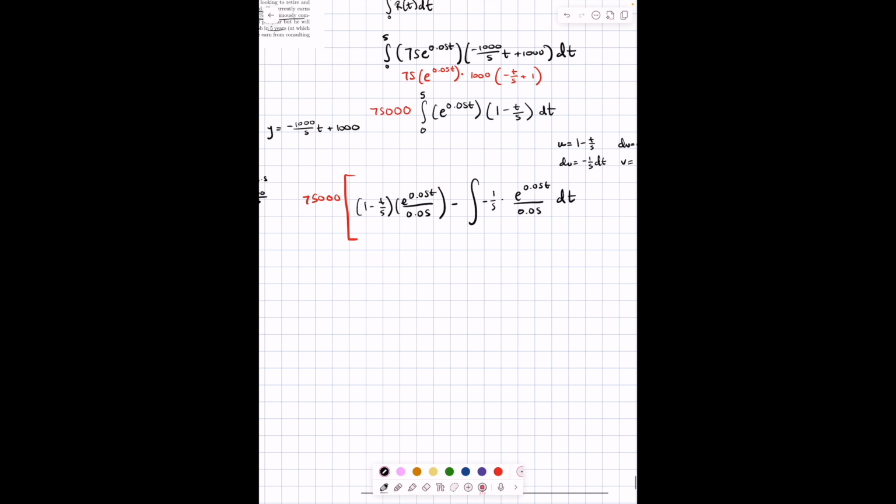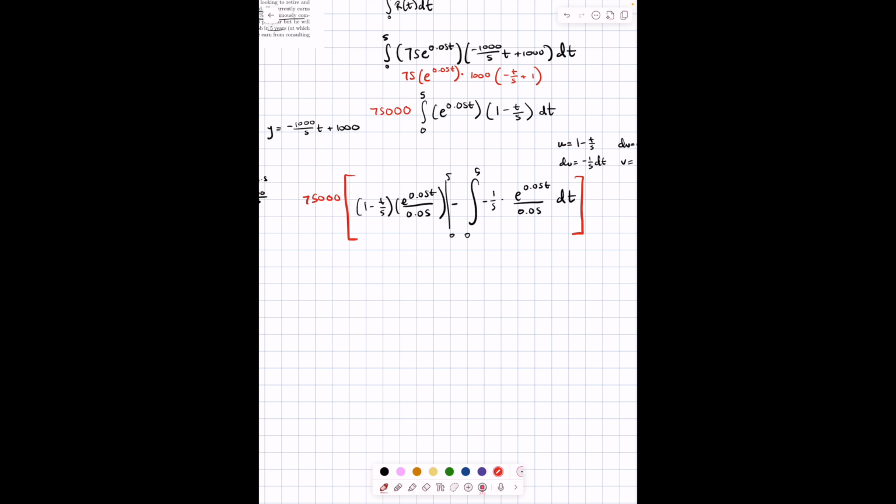Then keep simplifying. And by the way, you have to add these integral bounds, but sometimes I just don't write them. As long as you don't forget them, I think it's fine.